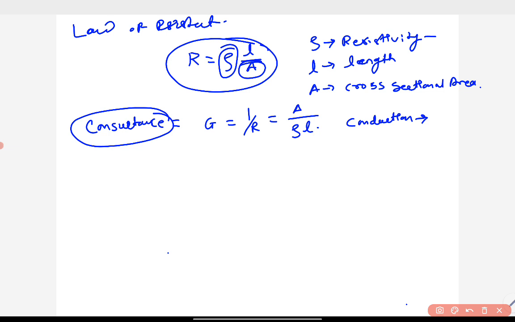It is the reciprocal of specific resistance, so it is denoted as sigma, equal to 1 by rho, or if we put the value here, it becomes GL by A, and the unit is mho per meter.